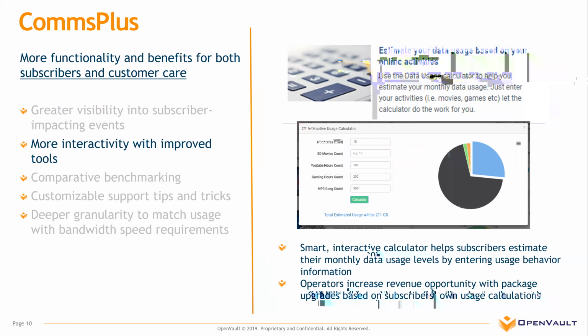So we had a lot of requests to build a more robust calculator, effectively allowing subscribers to enter their habits. How many HD movies do they watch each month? How many hours of YouTube content do they consume, etc.? And the calculator will then count that up and estimate for them what their overall monthly usage will be.